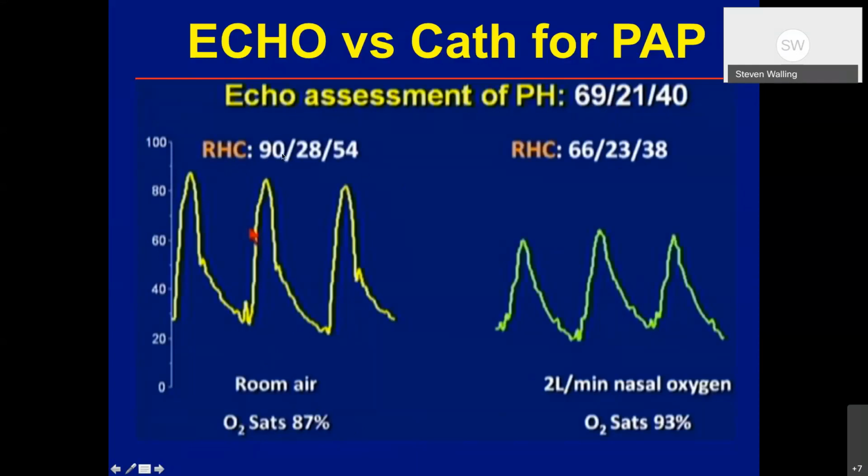The pressure is 90 and 54. If you give 2 liters of oxygen and the sats go up to 93, the pressure is 66 and 38. So you can see when the sats drop during cath, obviously the pulmonary circulation constricts, and that causes the PA pressure to go up. So with the cath, often you see the pressure is overestimated compared to the echo.